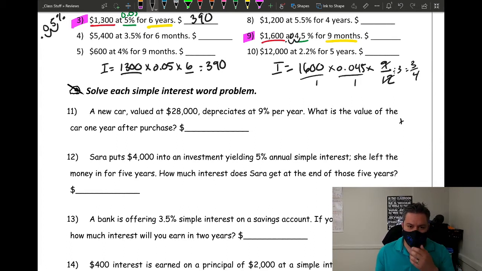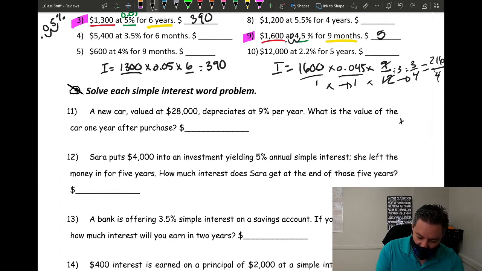You just put a 1 under, and this is going to give you 1,600 times 0.045 times 3. That gives you 216. And then the bottom is going to be 1 times 1 times 4, which is just 4. And then you're going to divide that. 216 divided by 4 gives you 54. So at the end of the 9 months, you're going to pay $54 in interest.